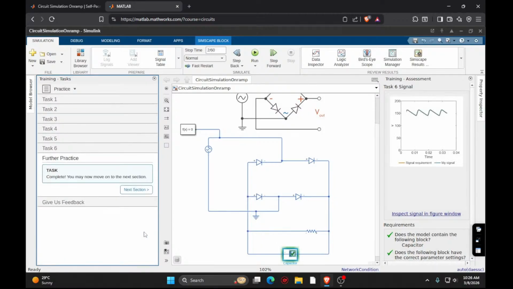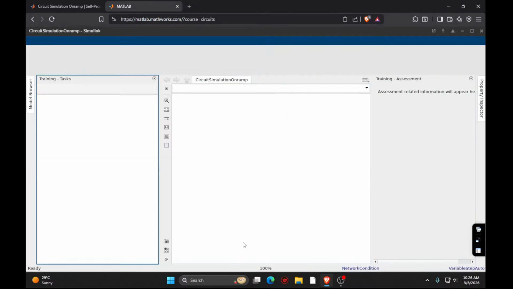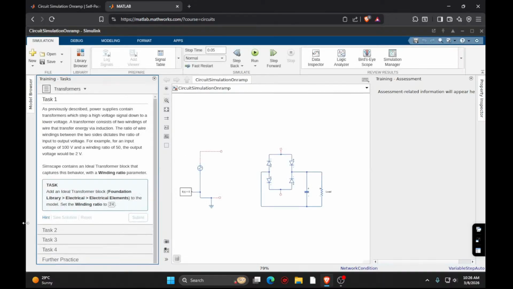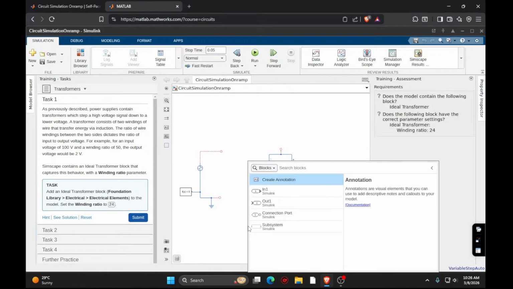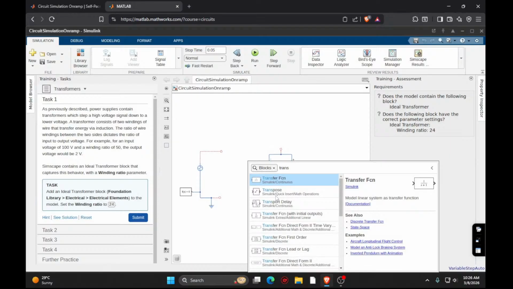Next, the future session. Now, add an ideal transformer. Transformer block from the Foundation library. Where is the Foundation library?